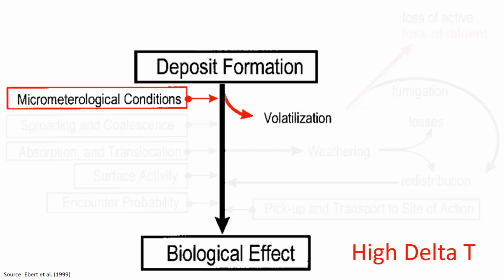If you have a high delta T, you may have higher volatilization. And I don't mean the active ingredient, you may have a higher volatilization of the dilutant, the water. So high delta T, high evaporation, the water can evaporate out of that deposit on the leaf surface and then strand the active ingredient on the surface of the leaf.